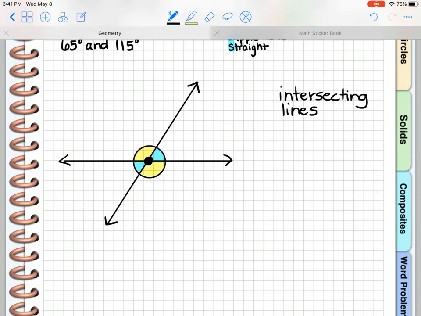Okay, here is a key term. Vertical angles are opposite or across from each other.